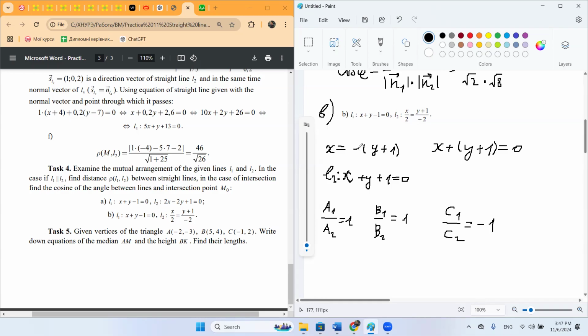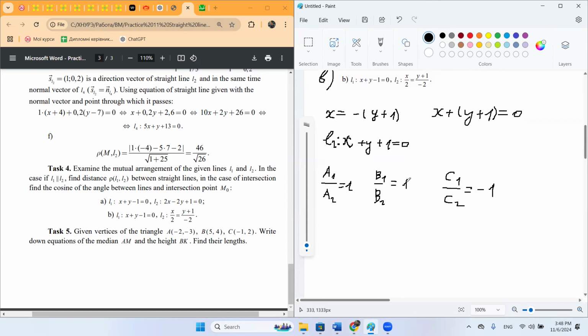So this is our minus. And I understand. Okay, thank you. Yeah, attentively with signs, please. So C1 and C2 are not proportional to A1 and A2, so two different parallel lines. So it means that we cannot find an intersection point, but we can find a distance between them.